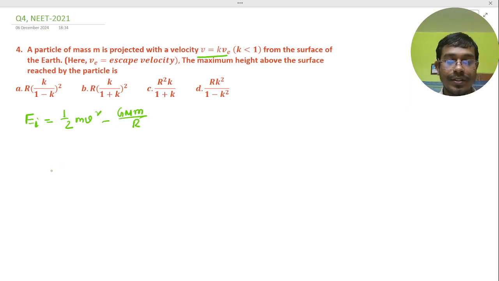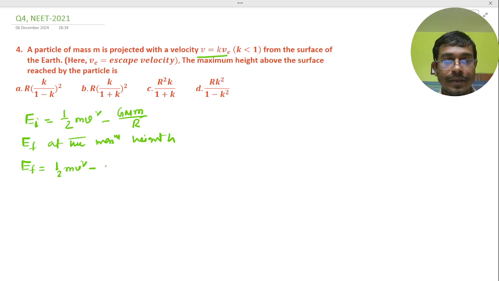The final energy EF at the maximum height h becomes half m v square minus GMm by the distance at height h, so we put r plus h.